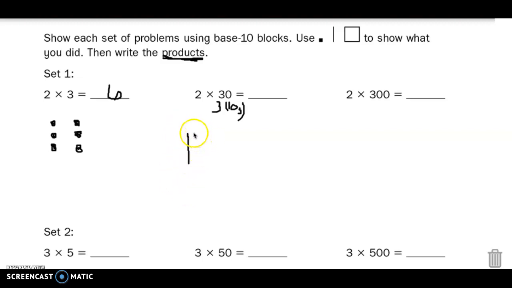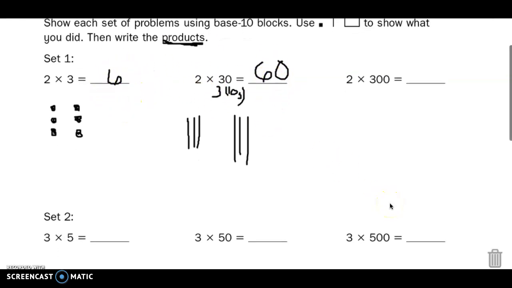So that's 10 right there. 20, 30. That's 3 tens. That equals 30. But I need 2 of them. So now I need to draw another 10, 20, 30. Great. What is 30 plus 30? Our answer is 60. Great work. Maybe you're looking back at your last problem and seeing a pattern.